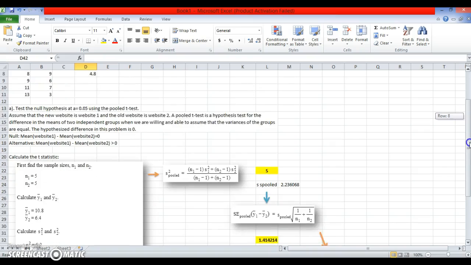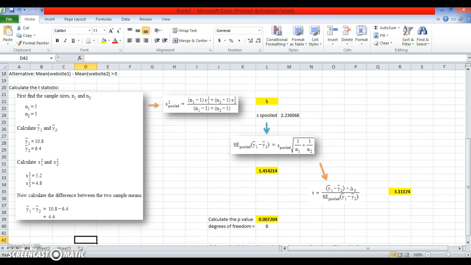That's what we're getting at when we think of variables with these subscripts. So 5 minus 1 times the variance of 1, plus 5 minus 1 times the variance for website 2. This is website 1, this section right here.